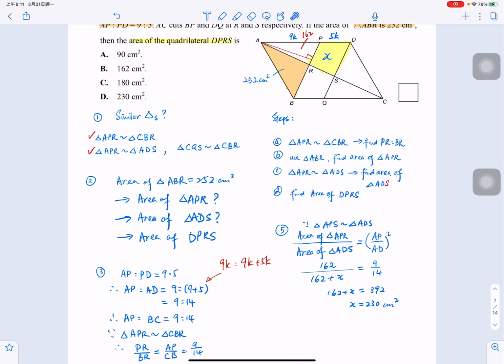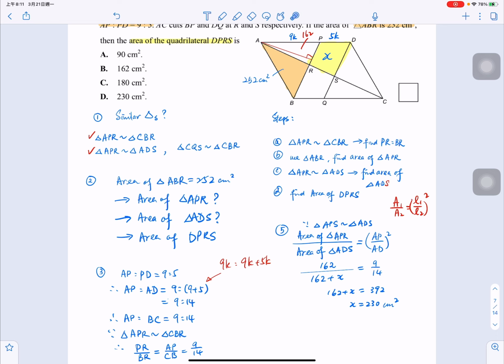Remember, for similar triangles, if you want the ratio of the areas, take the corresponding lengths, and then take the square. Remember, A1 over A2 equals L1 over L2 squared. Later on, we can talk about the volume, but this time we only focus on area.